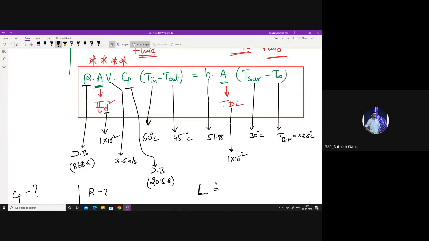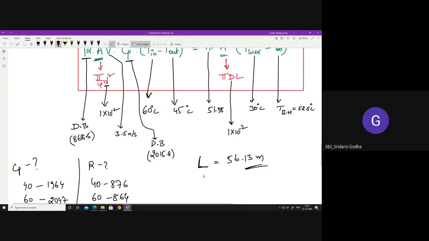Sorry, I got muted. See, plus or minus 5% variation is valid.